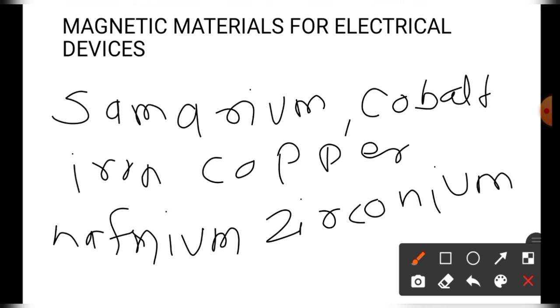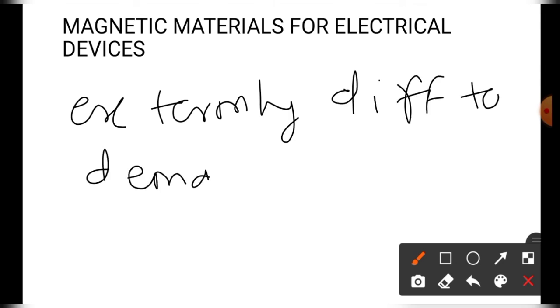Next point is they are extremely difficult to demagnetize. It means removing the magnetic properties from this material is very difficult. Now we will see the advantages of the samarium magnet. First advantage is high heat resistance.